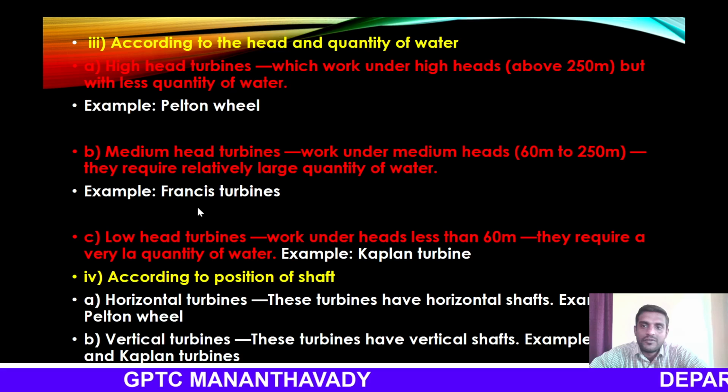Next, the classification is according to the position of the shaft. According to the position of the shaft, we can classify them into horizontal turbines and vertical turbines.